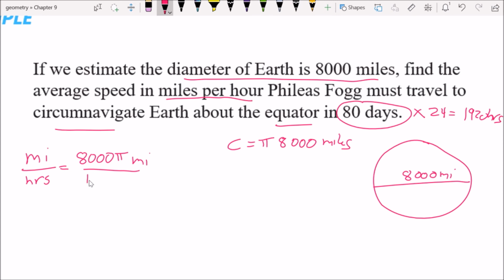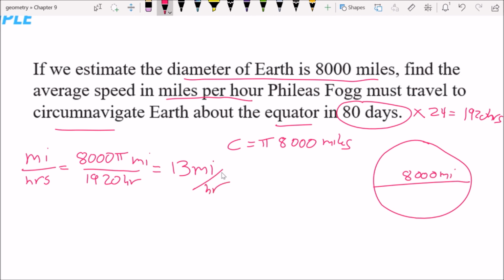So I'm going to bring that in here, 1,920 hours. All right, and this is just going to be calculator time. So I'm going to go 8,000 times pi, and we're going to divide that by 1,920. And that would be 13 miles per hour. And yeah, we're going to round to the nearest whole on this, I think.